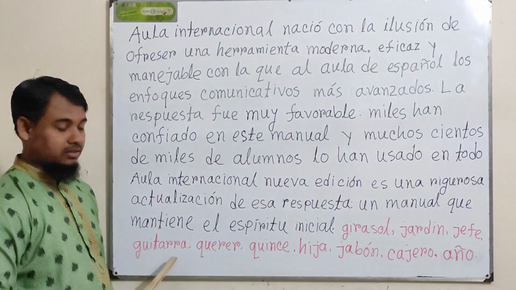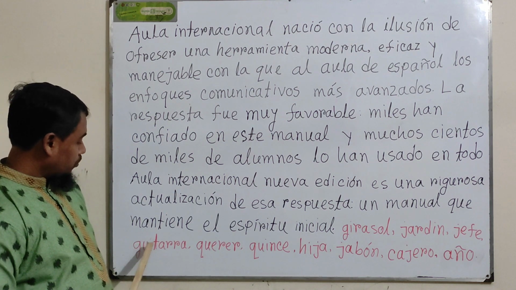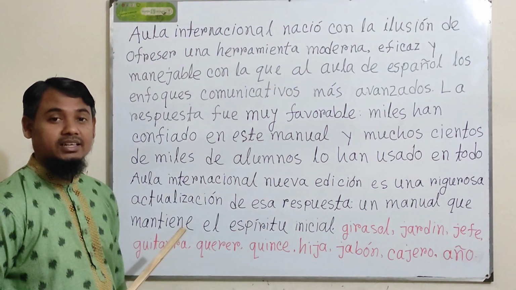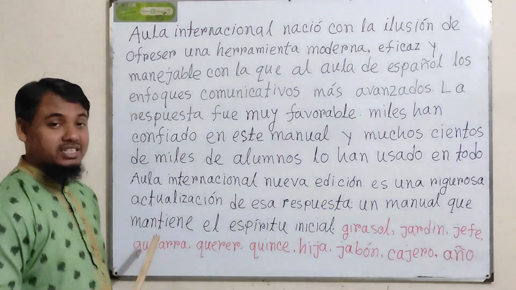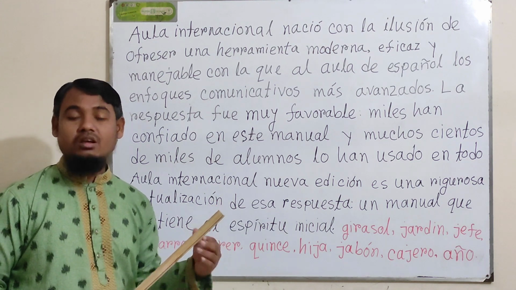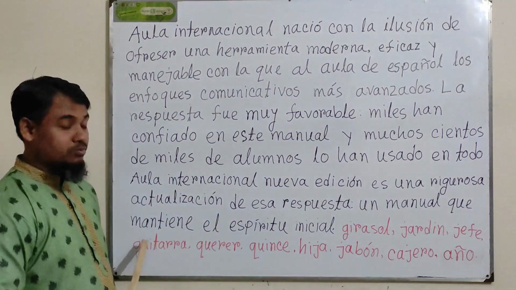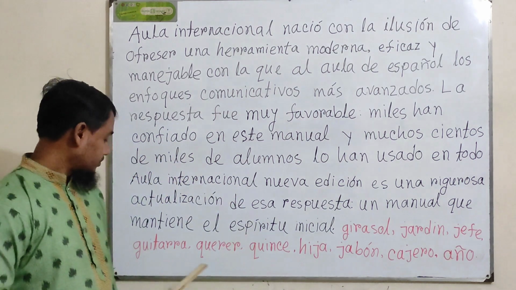Guitarra. K-U-E is gi, gi. In English, this letter name is G. Sometimes it is pronounced like jo, sometimes it is pronounced like go. But in Spanish, sometimes it is pronounced like go, sometimes it is pronounced like ka.